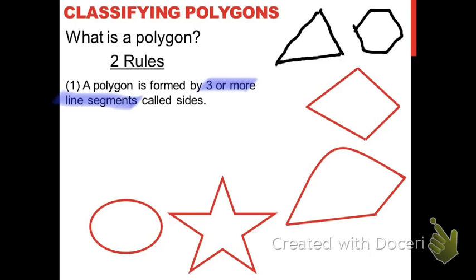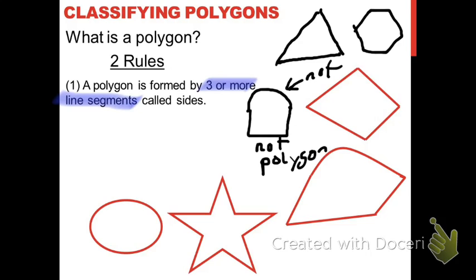If you ever have any kind of 2-dimensional figure with a curved shape, such as this, that's not a polygon, because one of its sides, right there, is not a segment. It's required that all the sides are segments. So a polygon has to be formed by line segments.